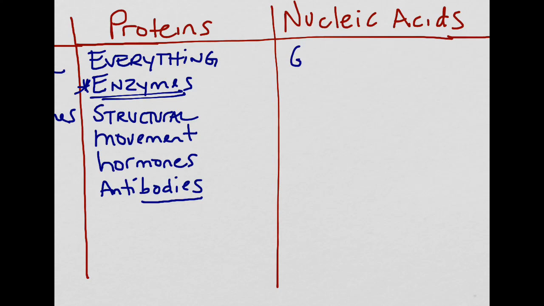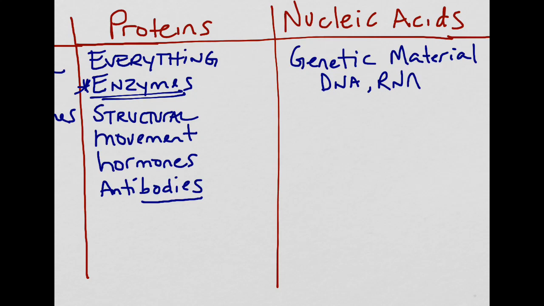Okay, function of nucleic acids. Big time job, of course, is to be our genetic material. Okay, and so this is our DNA, RNA. And then another job, and this one we drew a picture of ATP.